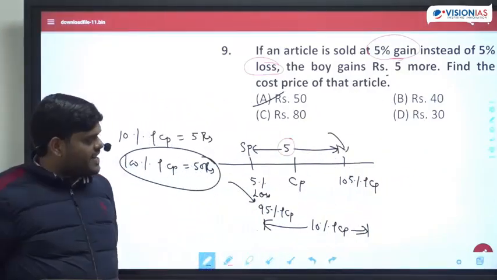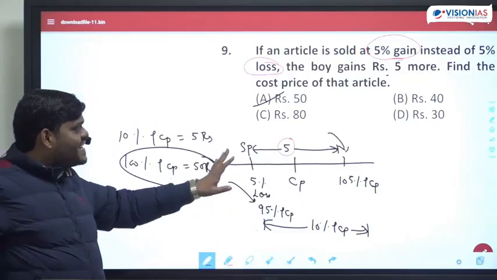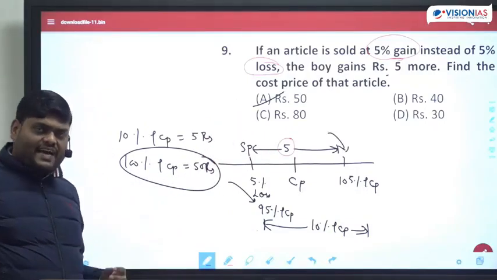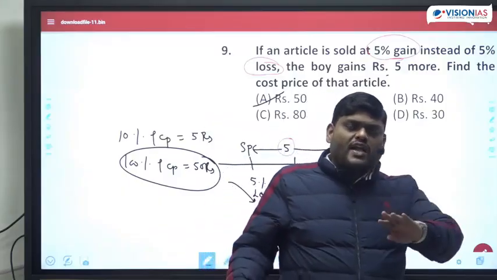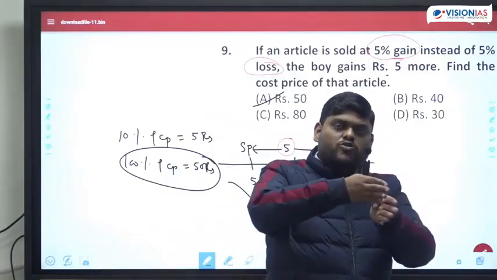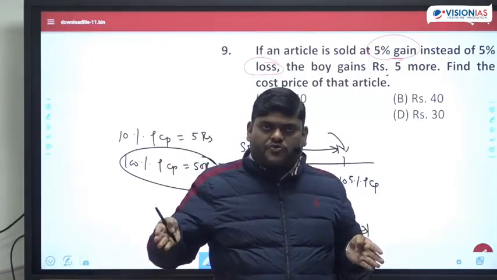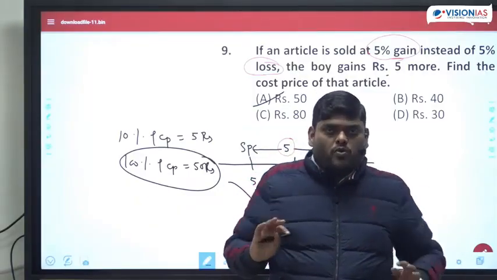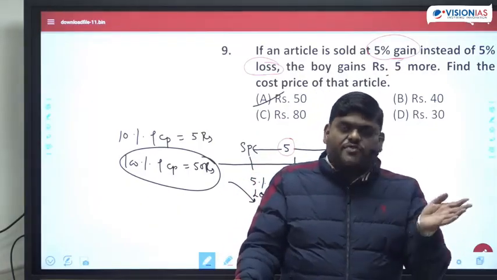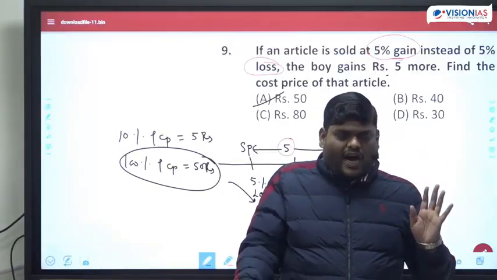Acha, did not understand. See, the question is: an item was sold at 5% loss and now the same item is sold at 5% profit, and because of this the person is getting 5 rupees more. Are you getting my point or not?